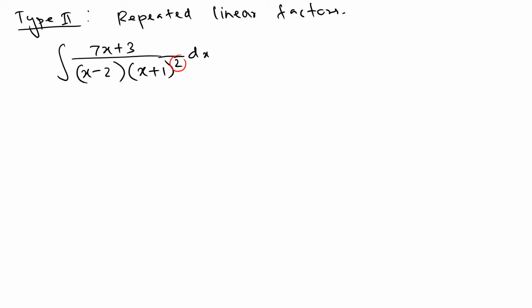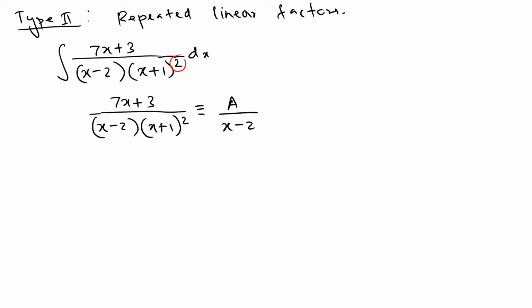So what's going to happen is we need to write the form first. So we have 7x plus 3 over x minus 2 times x plus 1 squared identical to, let's write the linear one first. It's a kind of good idea. Plus, now what we can do, we can write only one term, like you're going to start with the smallest term. So what is the format? That's degree 1, so it's just a constant. Now what's going to happen is every other factor also has the exact same format as the smallest one.